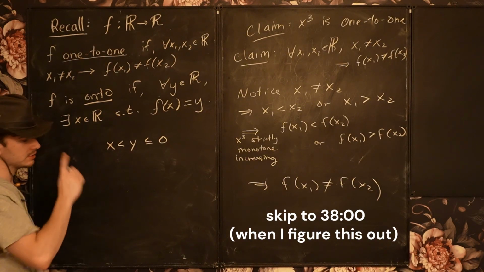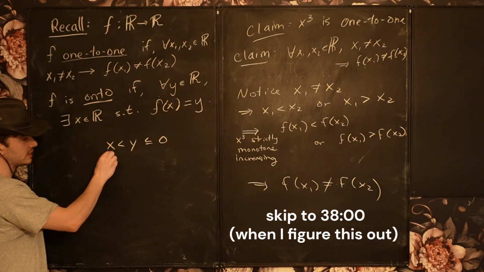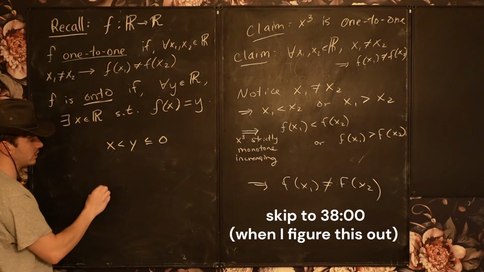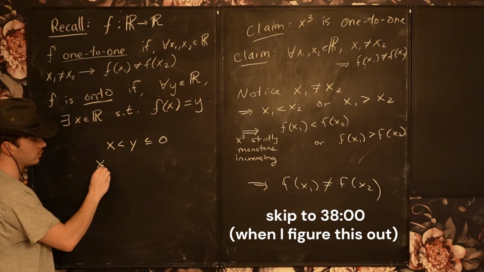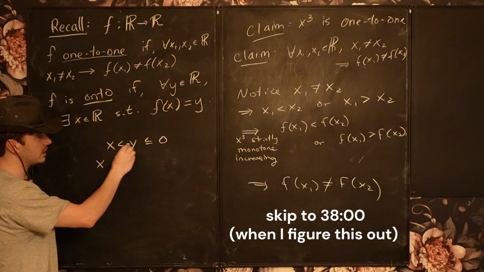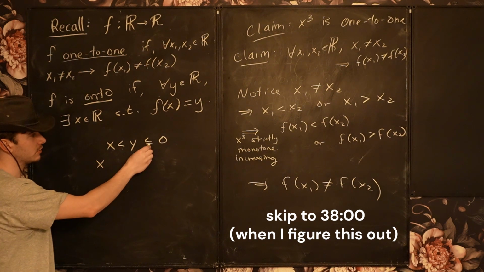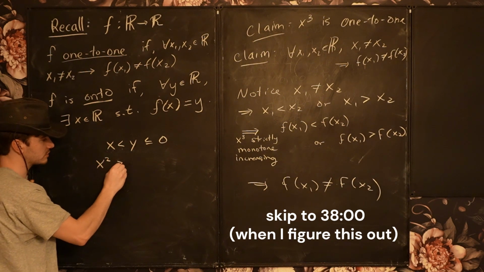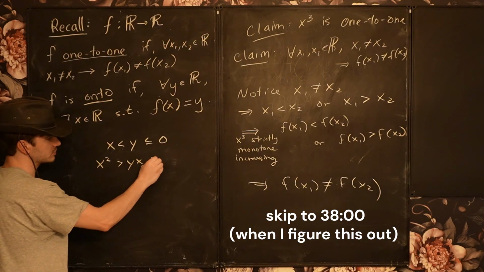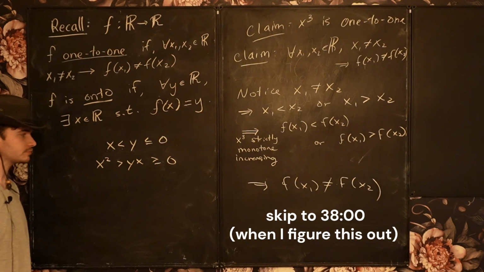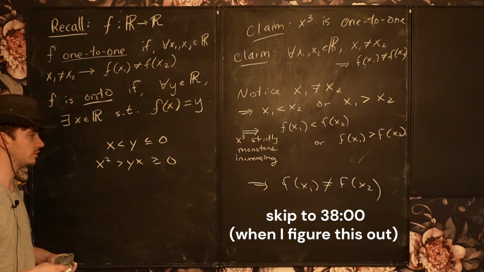So let's multiply this inequality by x, let's say. So when I multiply this by x, since x is negative, it'll flip all the inequalities. So x squared is greater than yx, which is greater than or equal to 0, okay? Multiplying by a negative number flips inequalities.